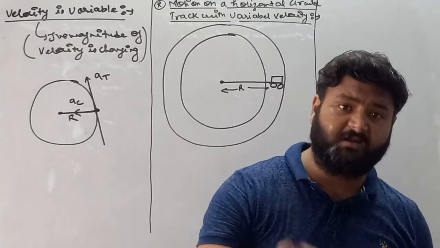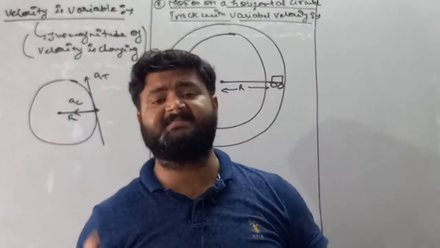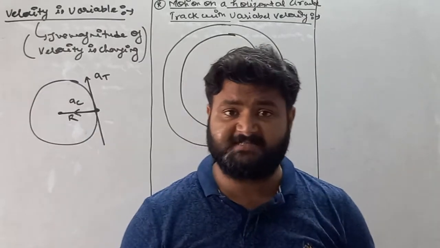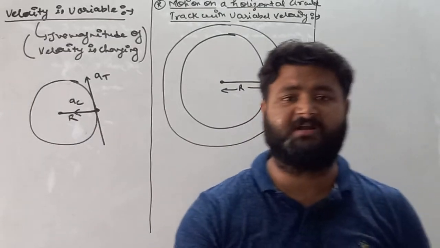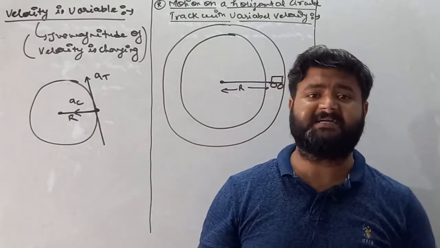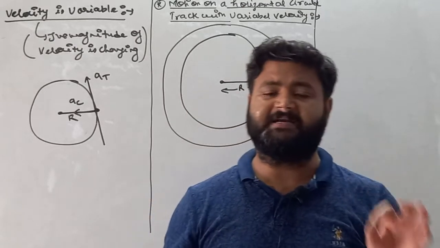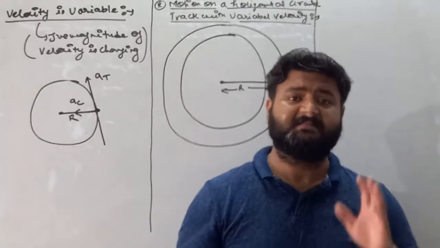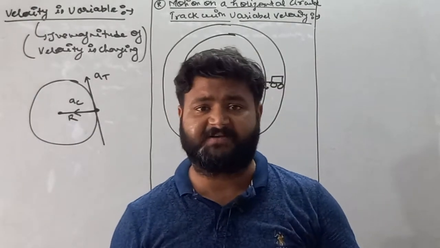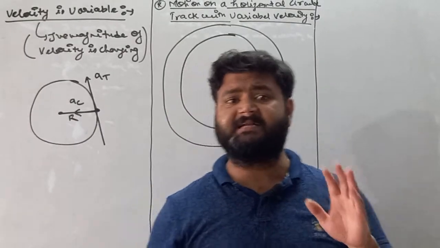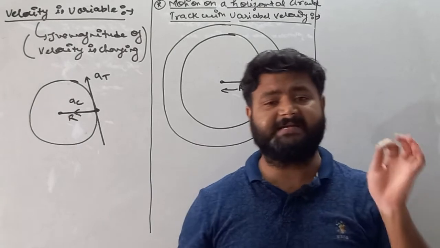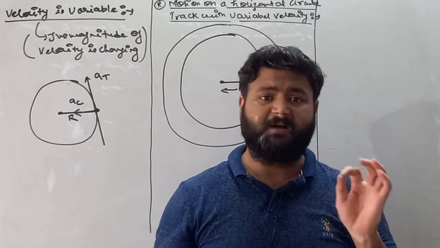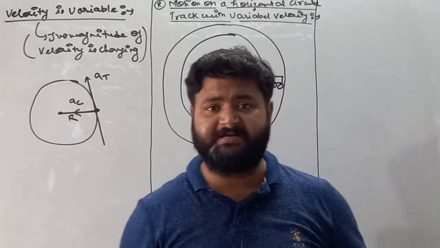We know that centripetal acceleration always acts if the particle is in circular motion, because centripetal acceleration changes the direction of velocity, and on each point in a circular track the direction of velocity is different. So when the particle is in circular motion, centripetal acceleration always acts, but tangential acceleration is not mandatory.